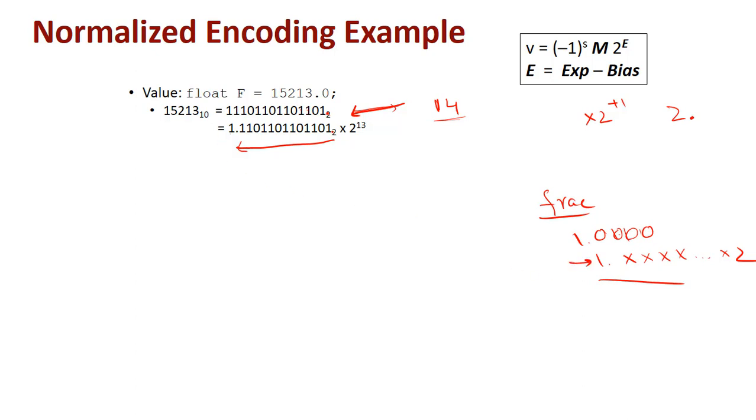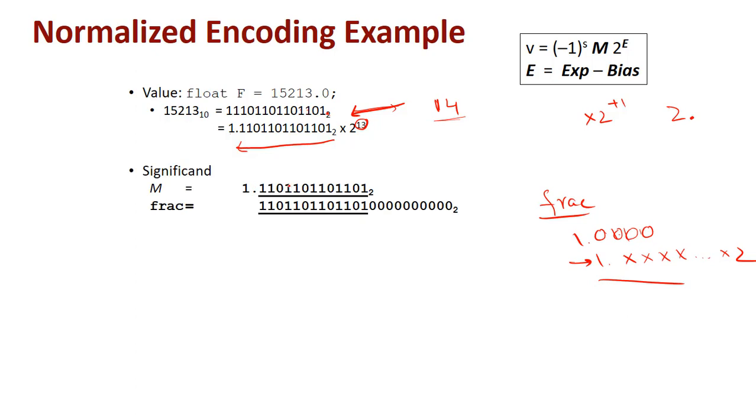So I incremented the power of 2 every time. There were 14 binary bits, so I have to increment the power of 2 up to 13. So this will become the mantissa.